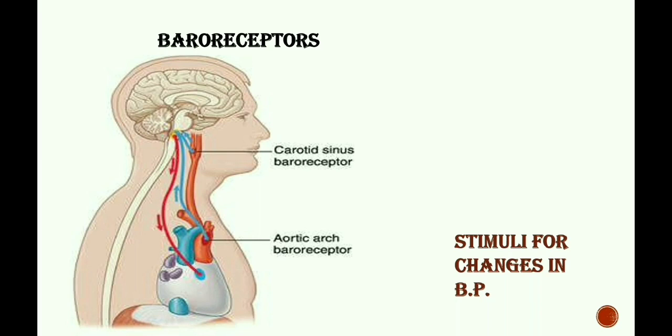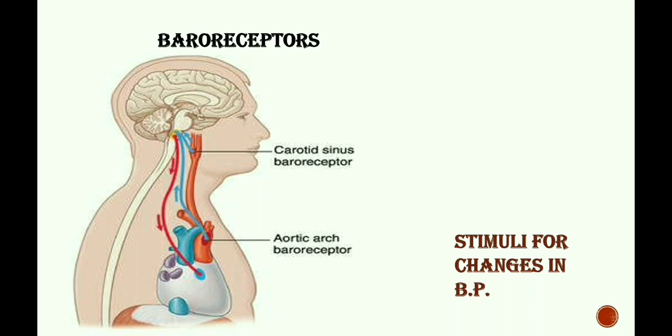And the location is that it is present in walls of atria, vena cava, aortic arch, carotid sinus, and main functions related to this receptor that it can sense changes in blood pressure so that it can restore the homeostasis, that is the internal constant body temperature, through vasodilation or vasoconstriction.